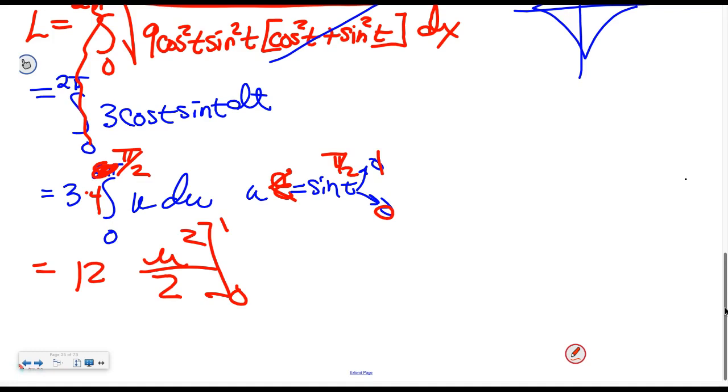I didn't make it on purpose, but I made it, so I'm going to call myself out on it. I have a linkage error somewhere. Do you see it? It's right here. Because what if I went to u and du, what should these be? 0 to 1.